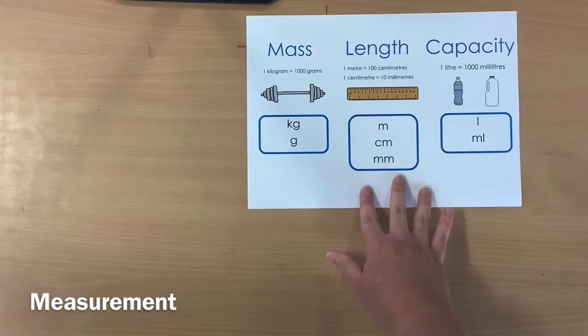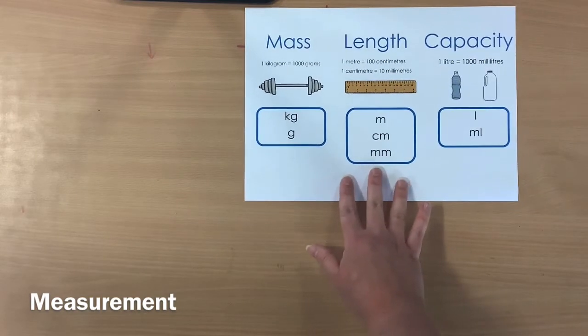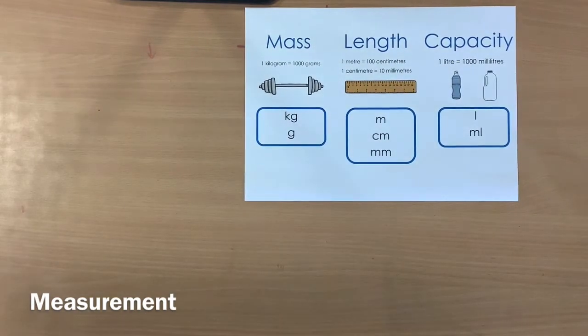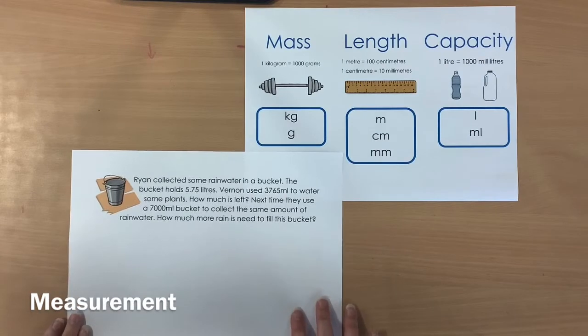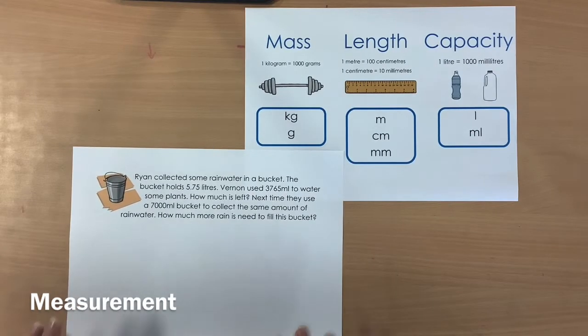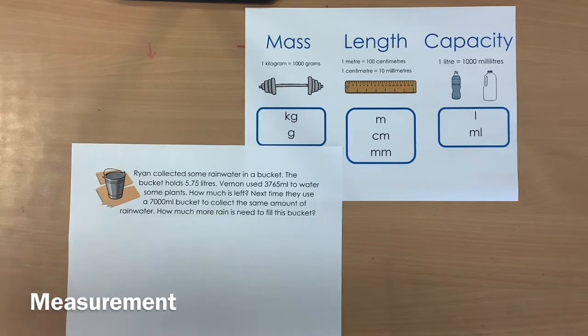Today I'm going to be going through some example word problems with you before giving you your task to complete at home. So let's have a look at this first one. If you'd like, you could pause the video and have a go, and then I will be going through it anyway. It says, Ryan collected some rainwater in a bucket.